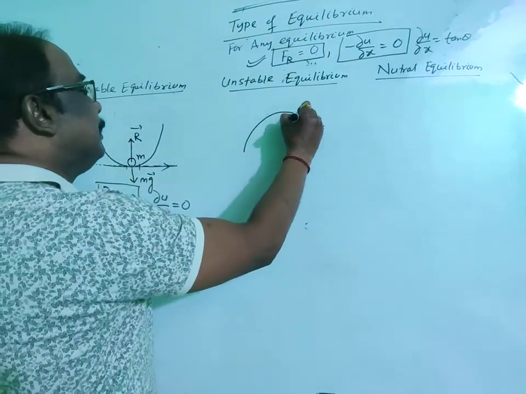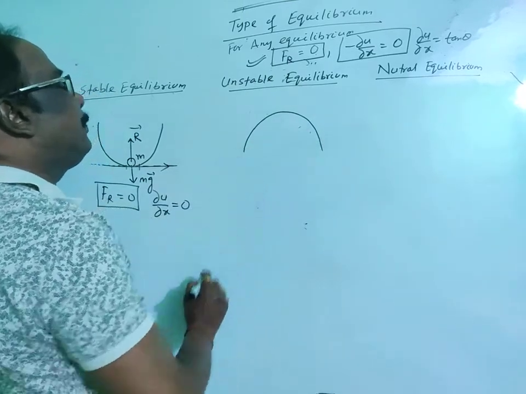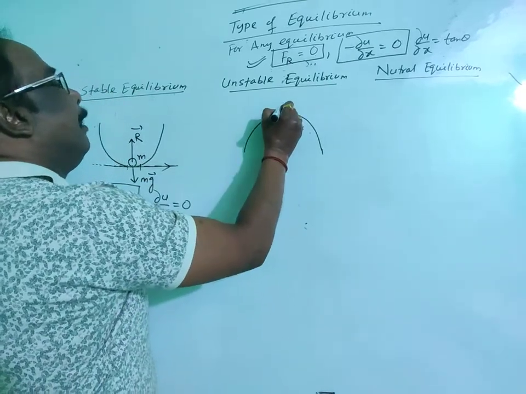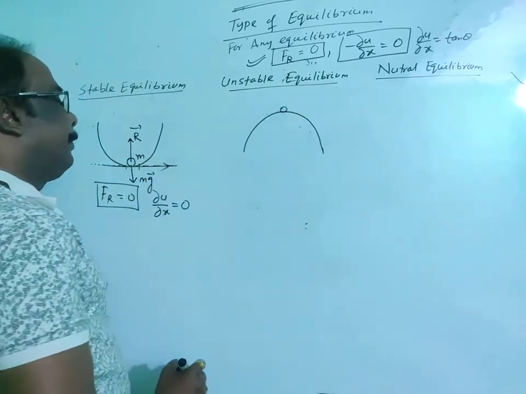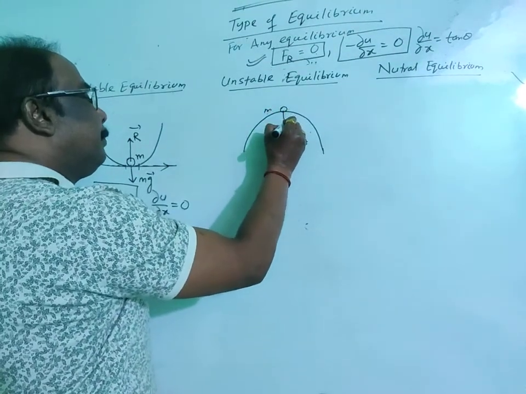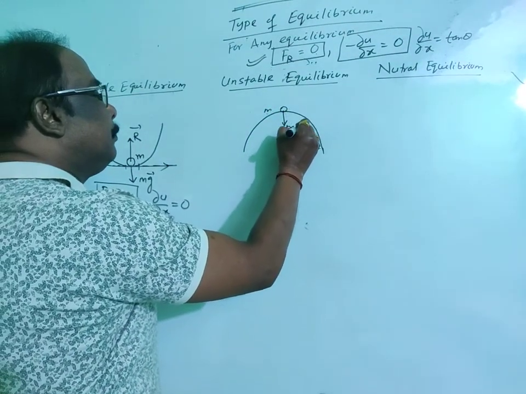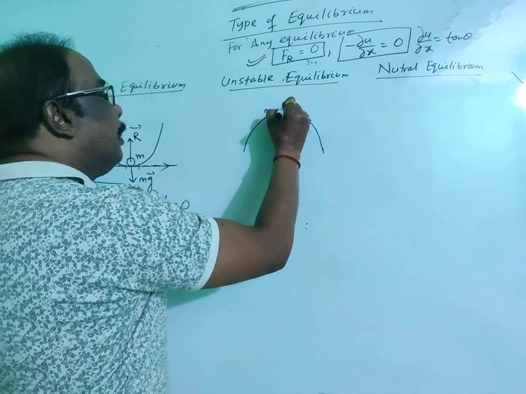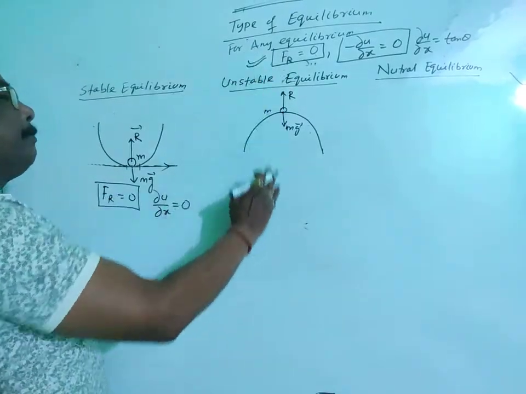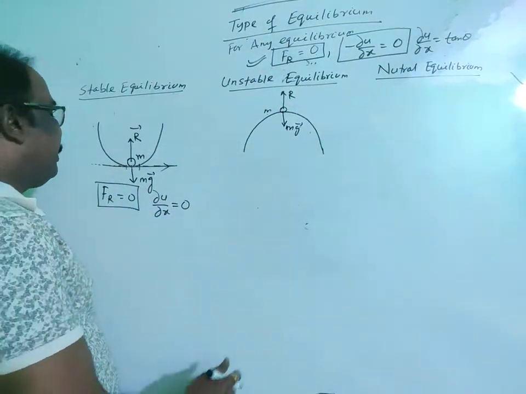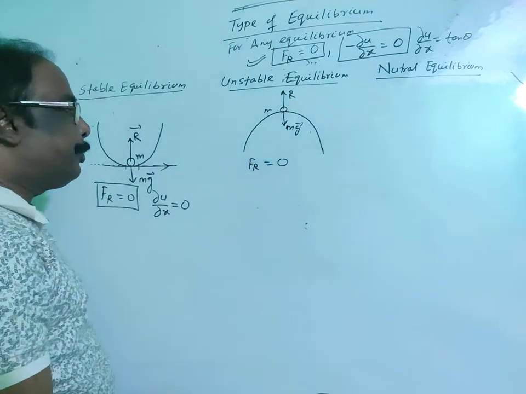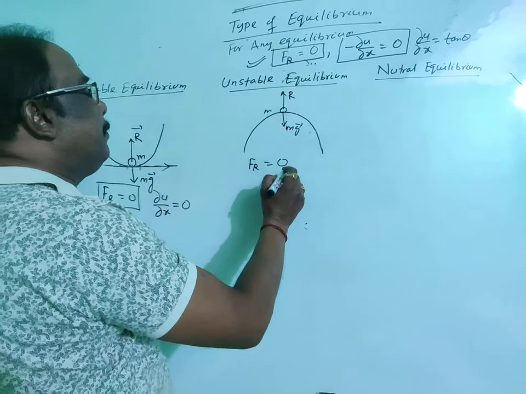Then for unstable equilibrium, let's consider a hemispherical bowl placed in an inverted position, and here there is a body of mass m. The weight of the body is mg vertically downward, and the normal reaction is perpendicular to the surface. mg and normal reaction are in opposite directions, so the net force on the particle is 0 and it is in equilibrium.